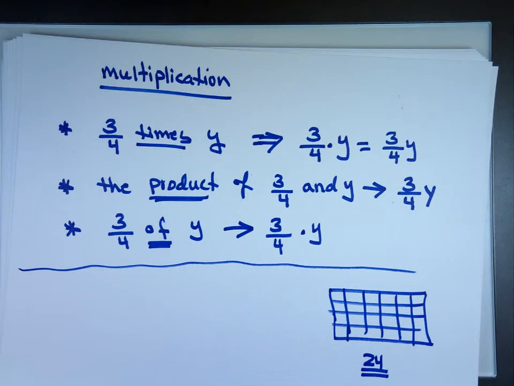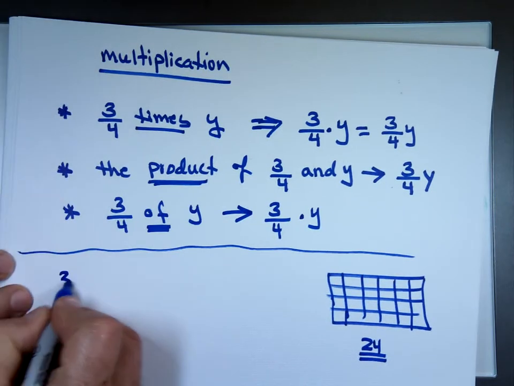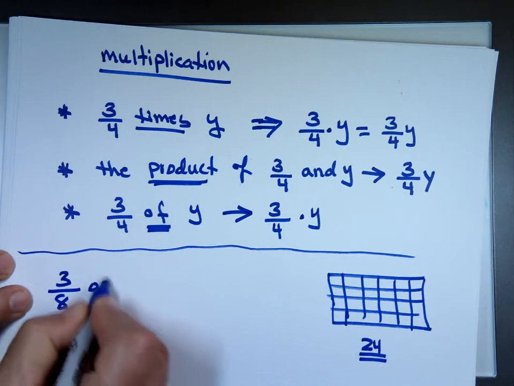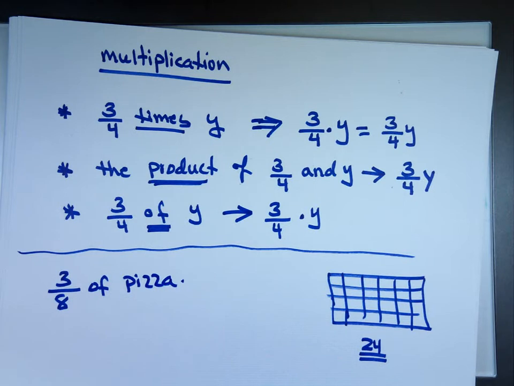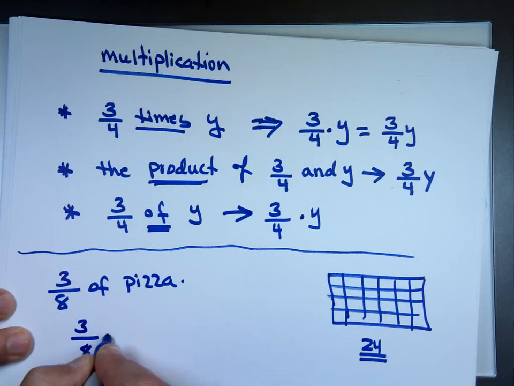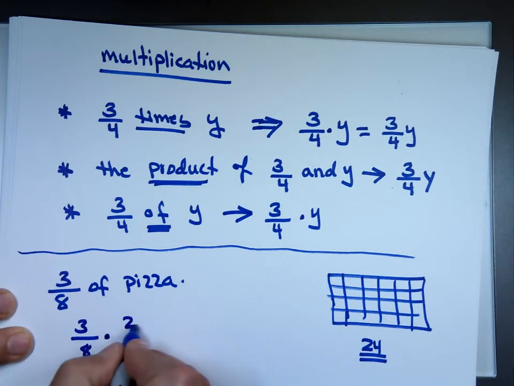You say, I was so hungry, I ate 3/8 of the pizza. 3/8 of it. How many slices did you eat? 3/8 of means what? Times. And how many slices of pizza do we have in this pizza? 24. That's 24 over 1.